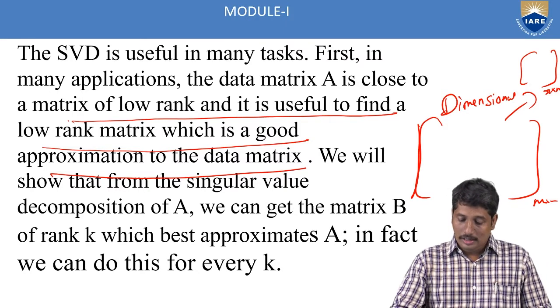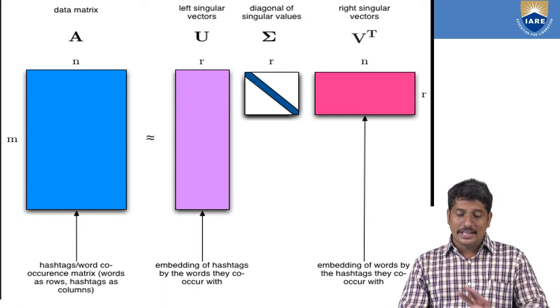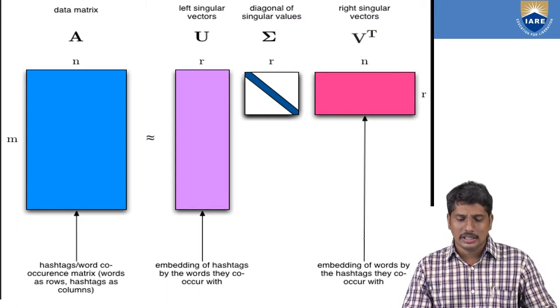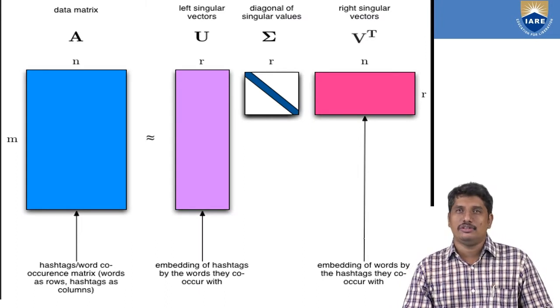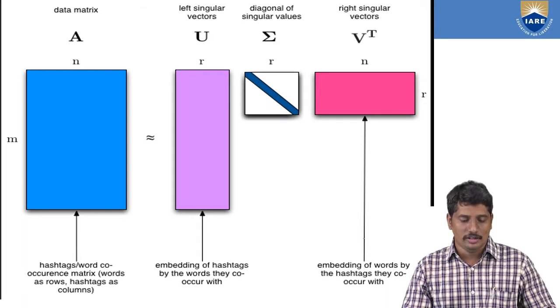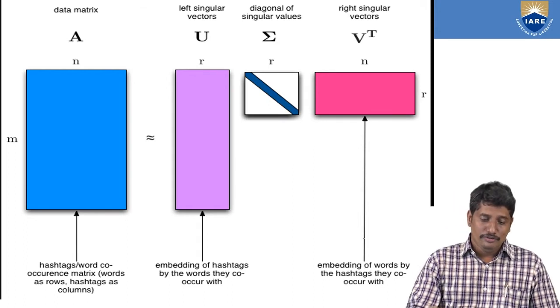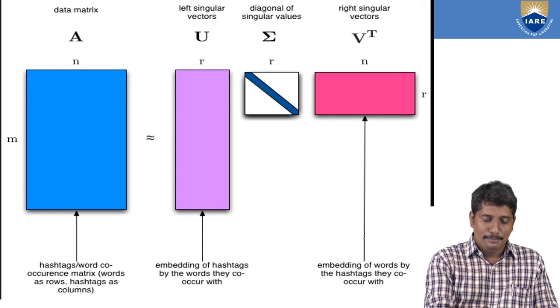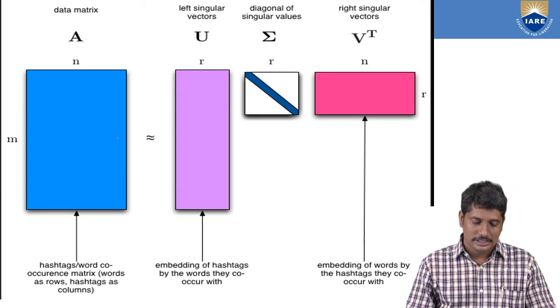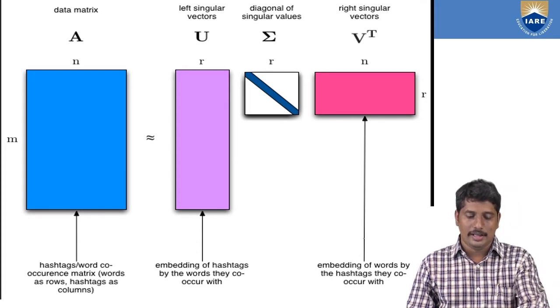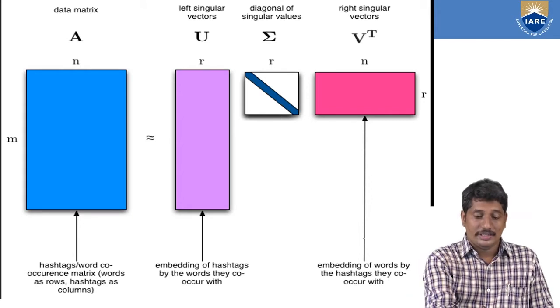Here you can see a diagrammatic explanation of singular value decomposition. We have a data matrix A of size m rows and n columns.